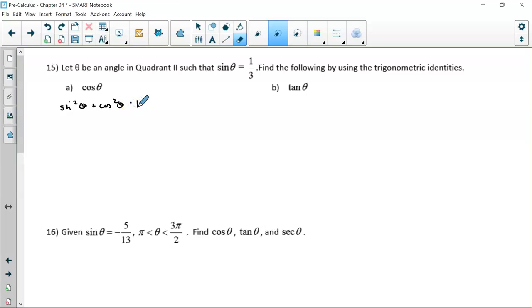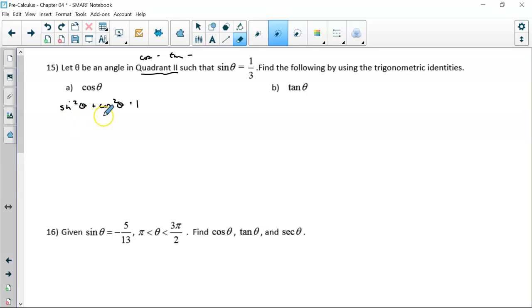I don't even need to draw a triangle. I do know I'm in quadrant 2, so that is important. In quadrant 2, sine is positive, but cosine is negative, and tangent is also negative. So keep that in mind.